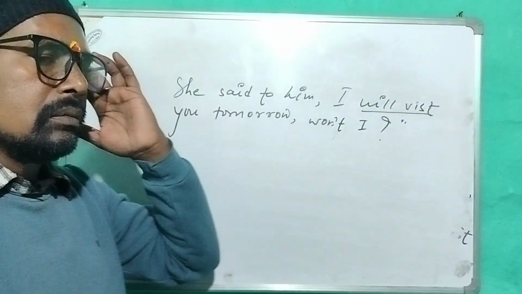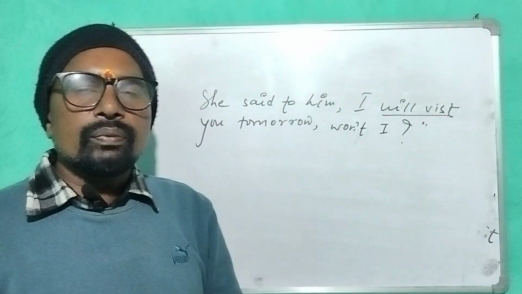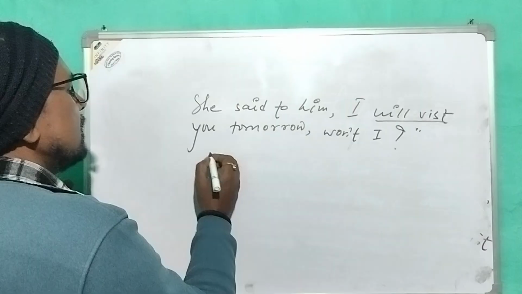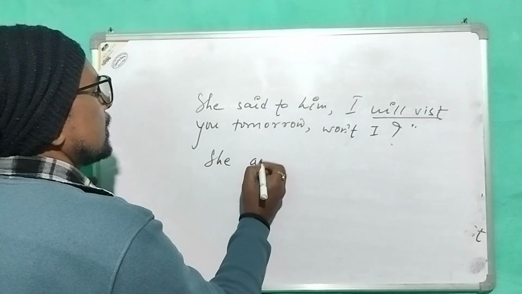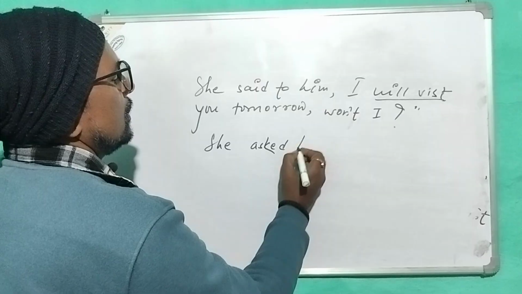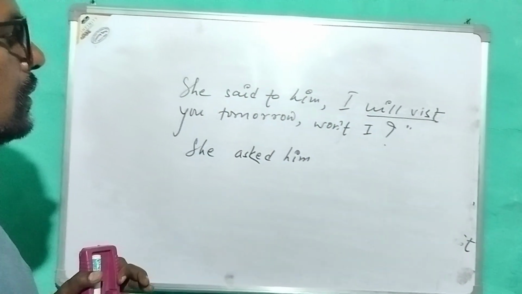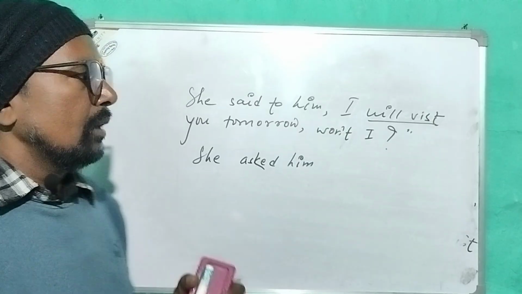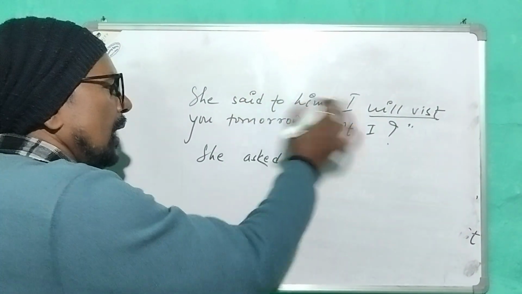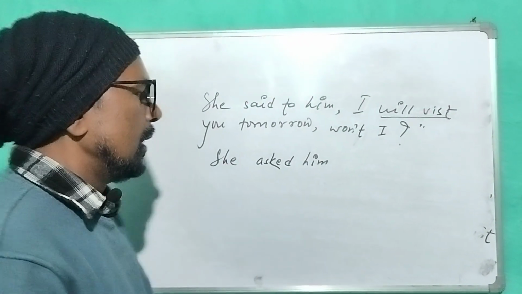So how do we make the indirect narration of the tag question? Said to must be changed first into asked. She asked him. Now, as I suggested in the earlier sentence, we use if to connect the reporting verb and reported speech together if there is a tag question in the reporting speech of direct narration.